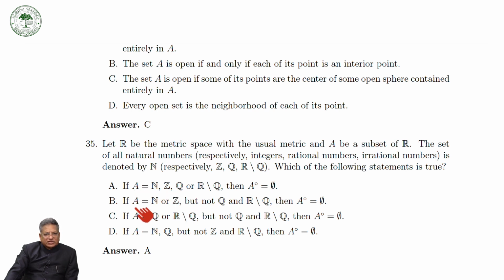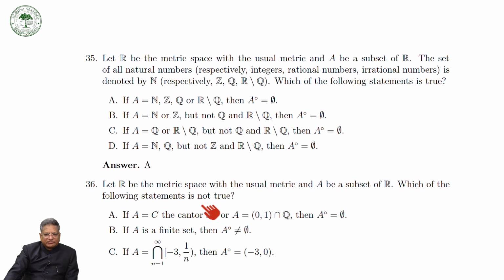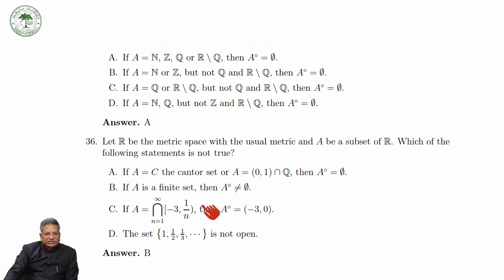Some of these statements are not correct, but this statement is true, which we have already seen. You can make examples by yourself. This was also given in your exercise in the remark that if A is a finite set, the interior of A is empty. So this statement is true.